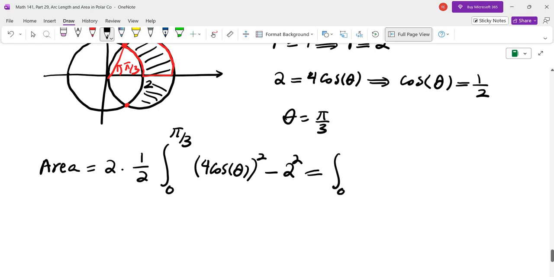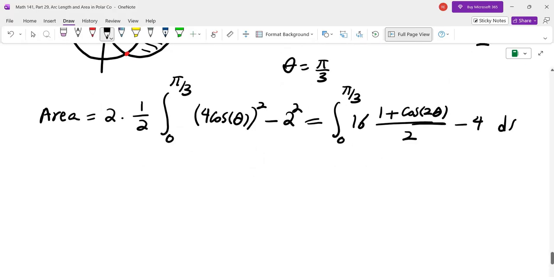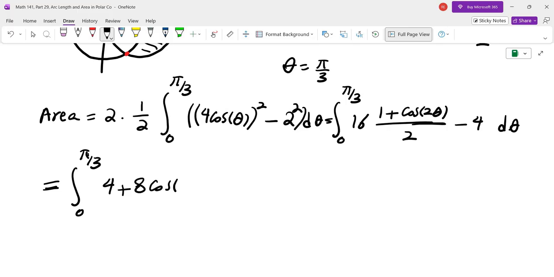So this would be the integral from 0 to pi over 3, 16 cosine squared is 1 plus cosine of 2 theta over 2, minus 4 d theta. So we can first go ahead and simplify, and then we can integrate. So this would be the integral from 0 to pi over 3, 16 over 2 is 8, minus 4, that's 4, plus 8 cosine of 2 theta d theta.